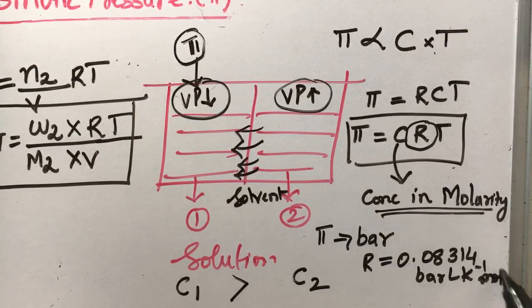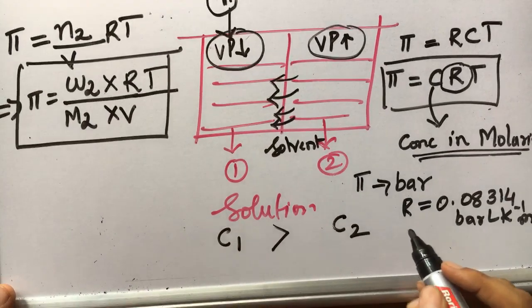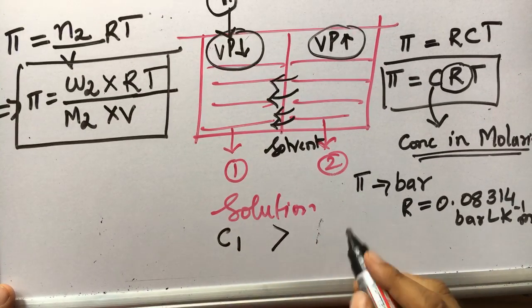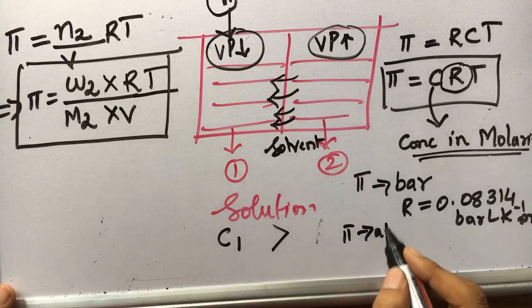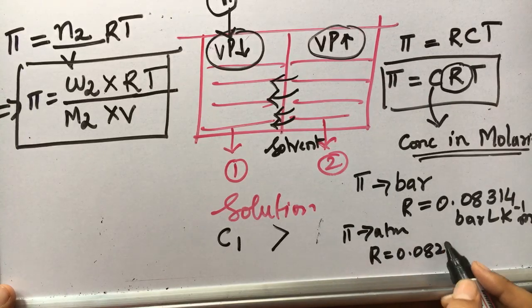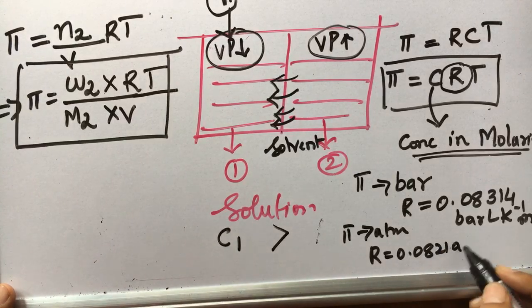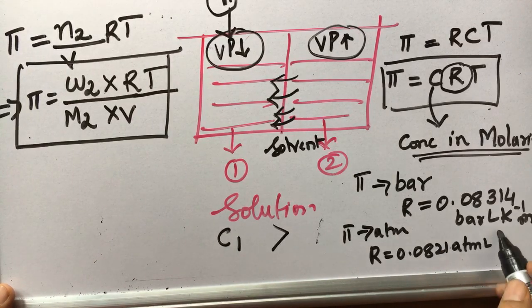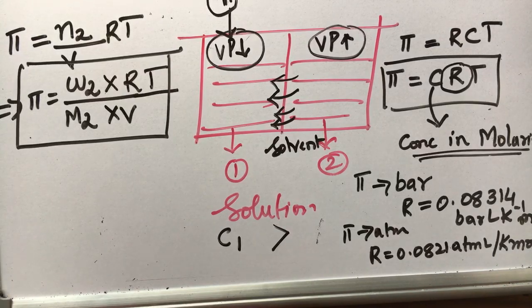If R has to be expressed in terms of atm, then R will be equal to 0.0821 atm liter per Kelvin per mole.